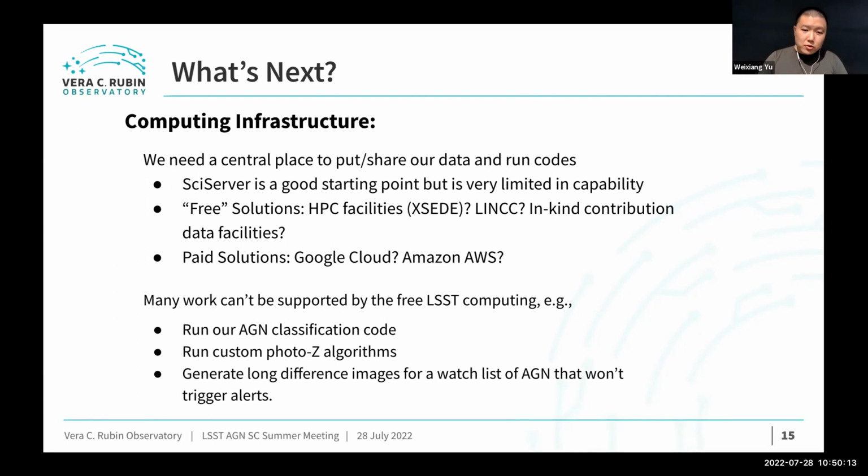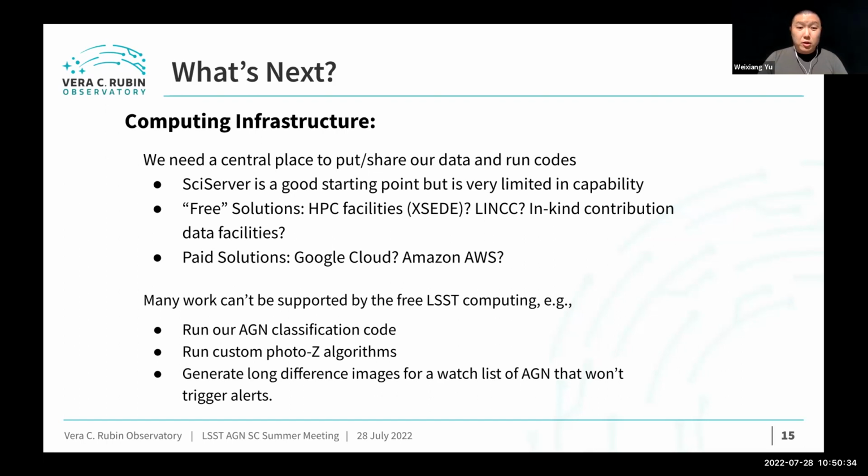And there are also paid solutions, Google Cloud, Amazon AWS. I'd like to stress that even though we might find some temporary solutions right now, when the data actually flows in, the amount of work we're trying to do wouldn't be supported by the free LSST computing given by the project.